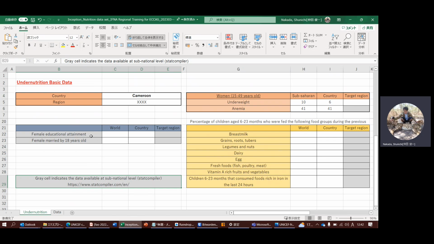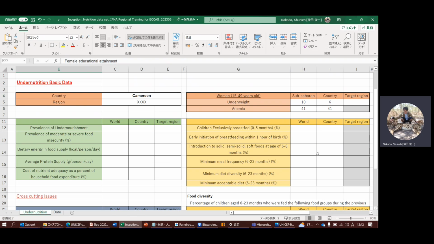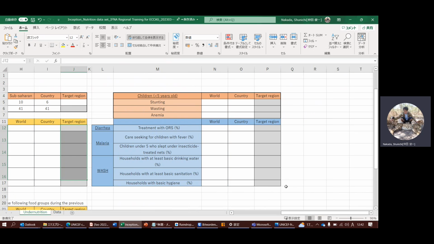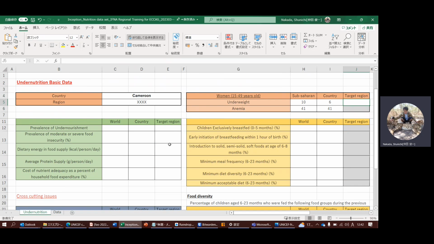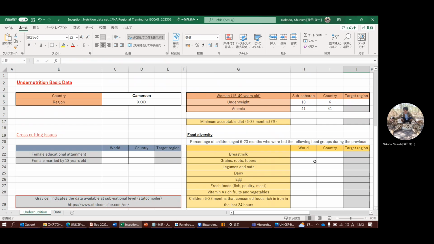The indicators include these items with gray cells. These are potentially available for subnational data set. But there are cells which are white, meaning there is no available data, so you don't need to fill this part. This food security part also has no data for subnational level. But please try to find data for these gray cells.